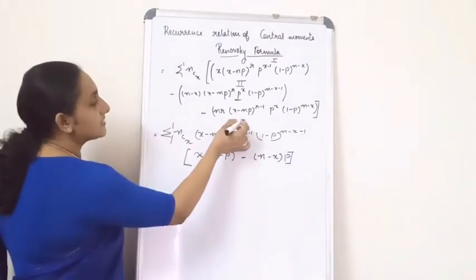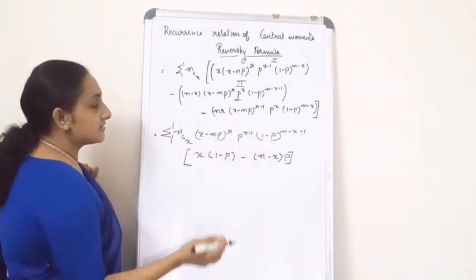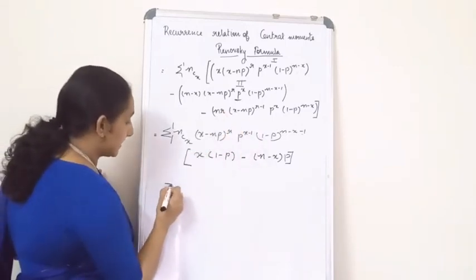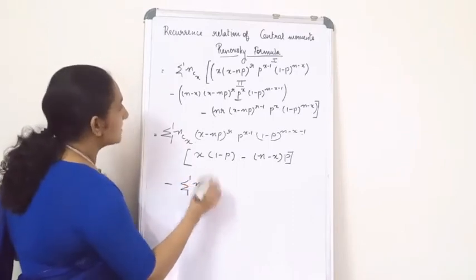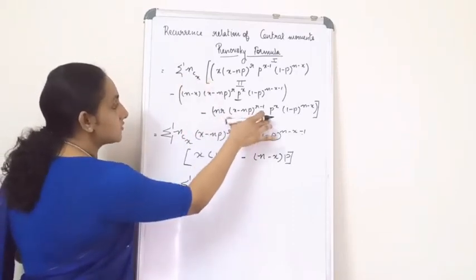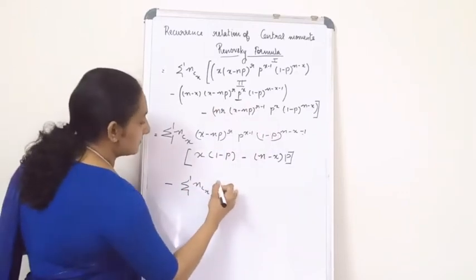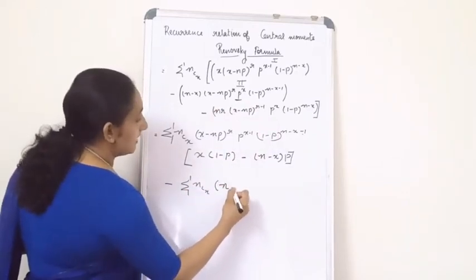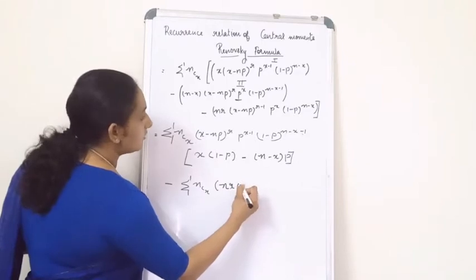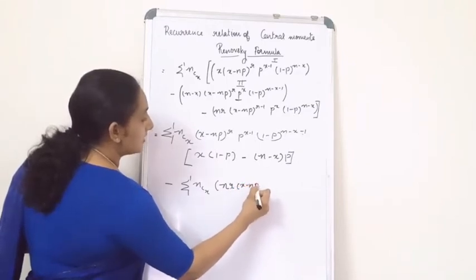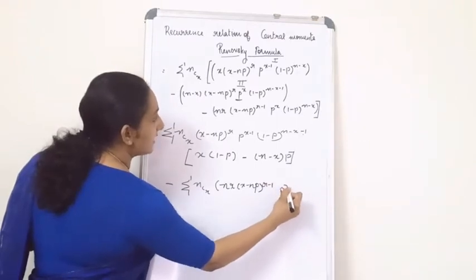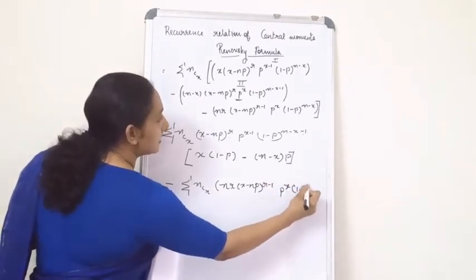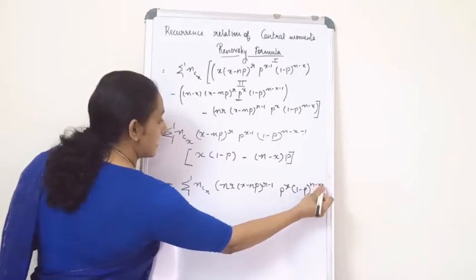Okay, now what about the third term? I told you I haven't touched the third term, so I just have to write that also over here. Summation nCx, I'm going to take this summation thing to this third term. nr into (x minus np) whole raised to r minus 1, p raised to x, (1 minus p) the whole raised to n minus x.